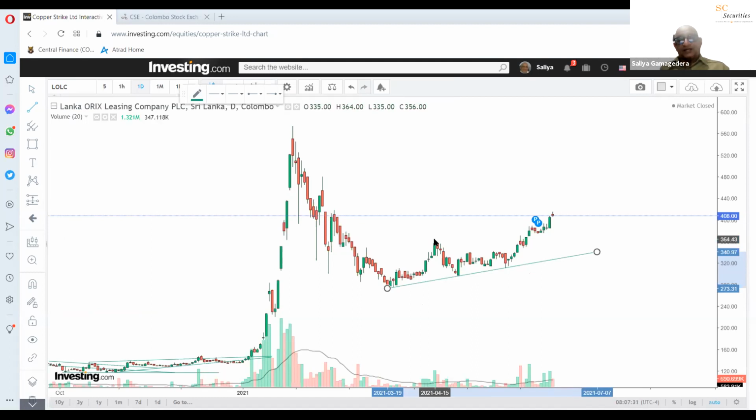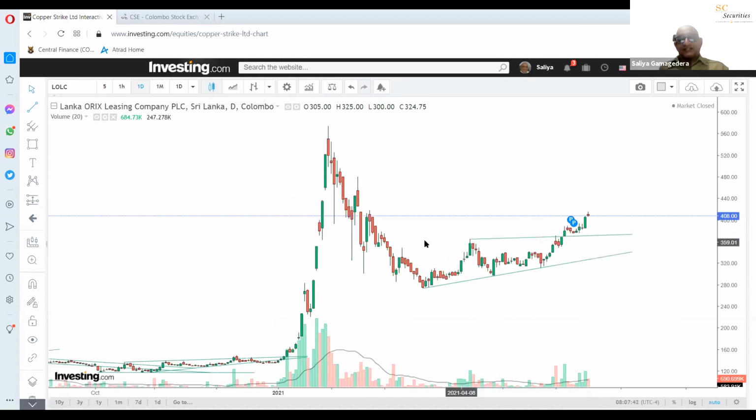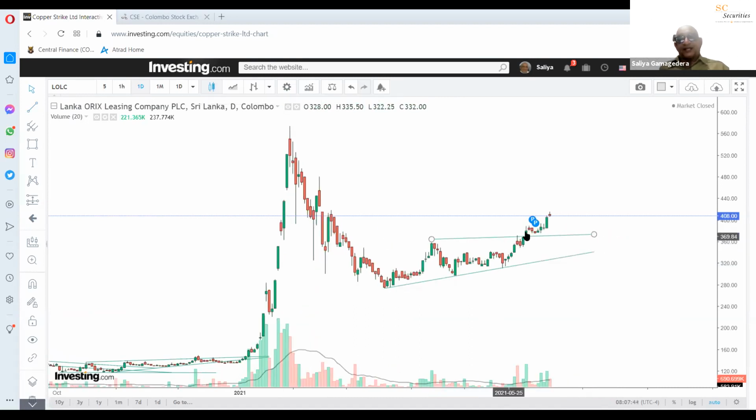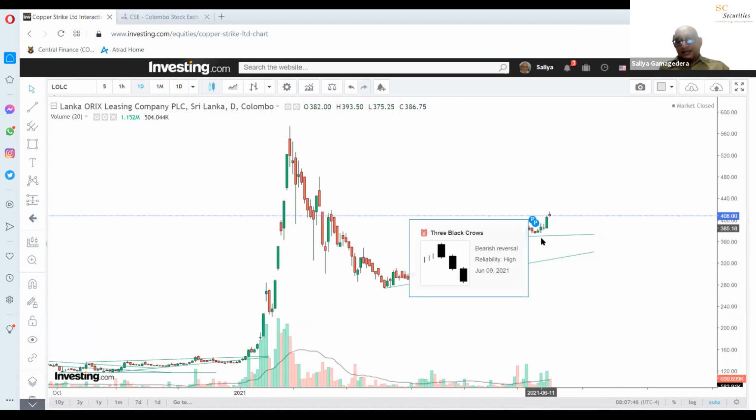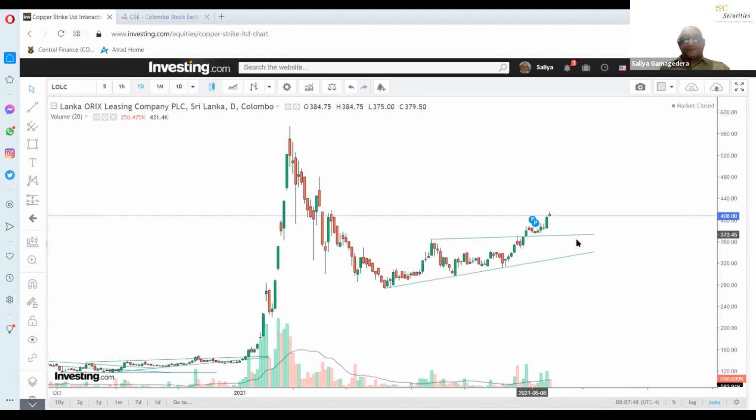Here, this significant high against this significant high, once again, is acting as a support line. After, now this is a resistance line, there's a breakout, and right now it's acting as a support line.